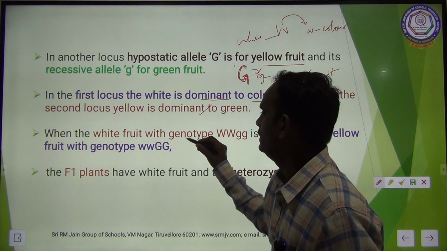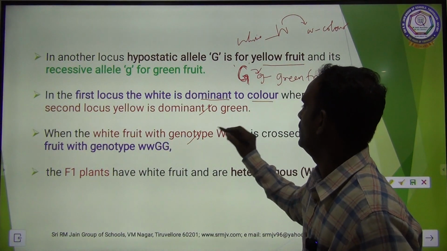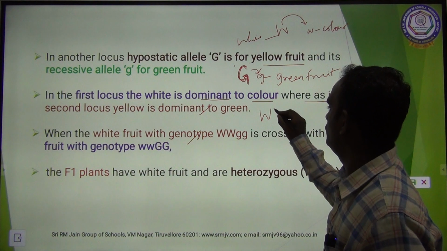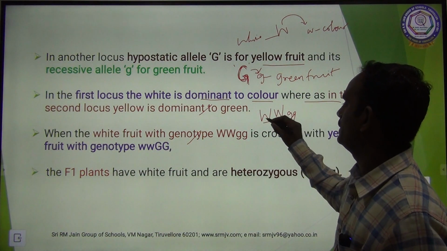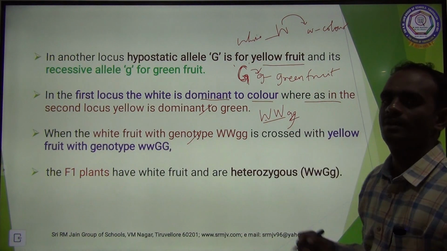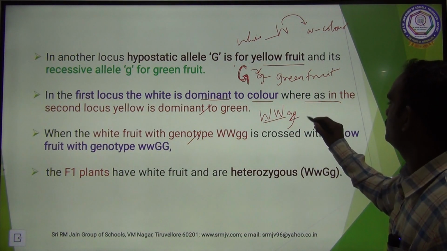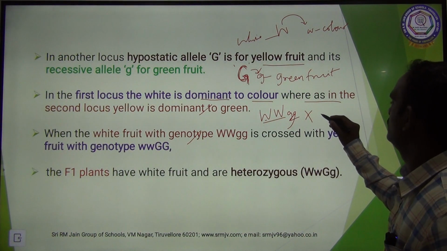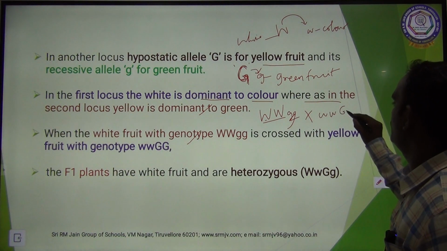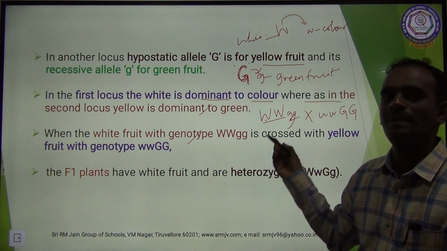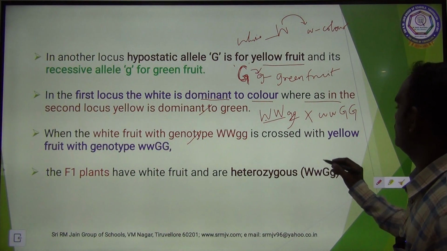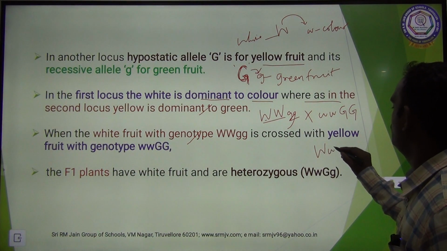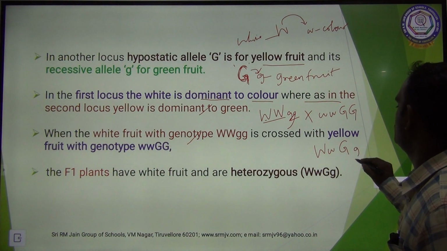When a white fruit with genotype capital W, small g is crossed with a yellow fruit, this is the yellow fruit genotype, this is the parent plant. In the F1 generation, we get capital W, small w, capital G, small g.